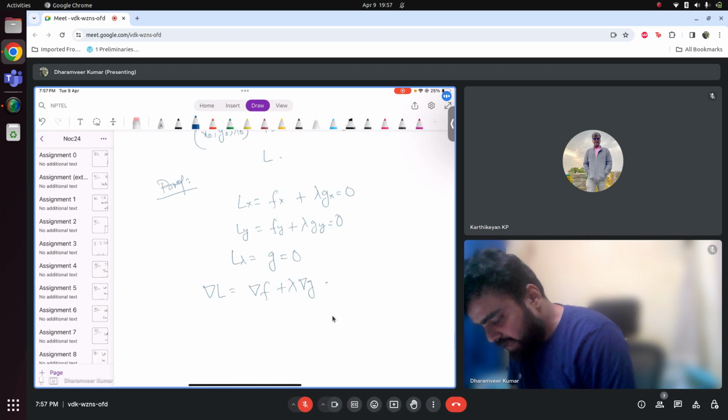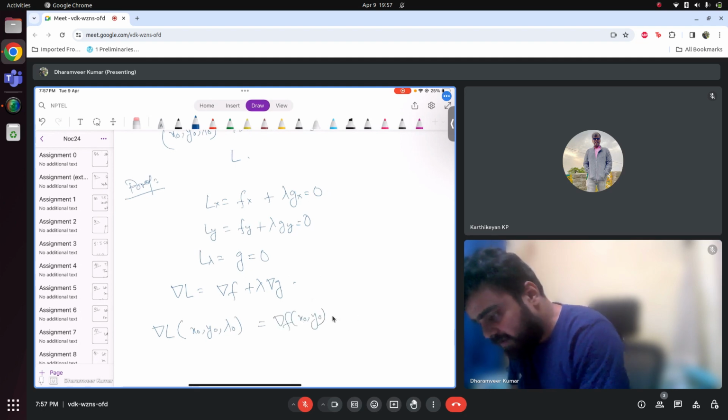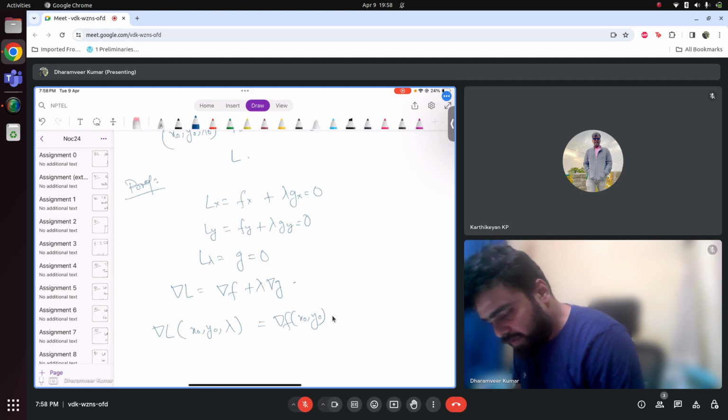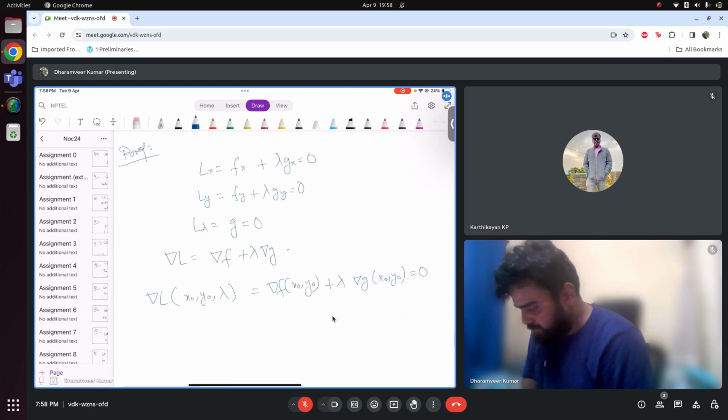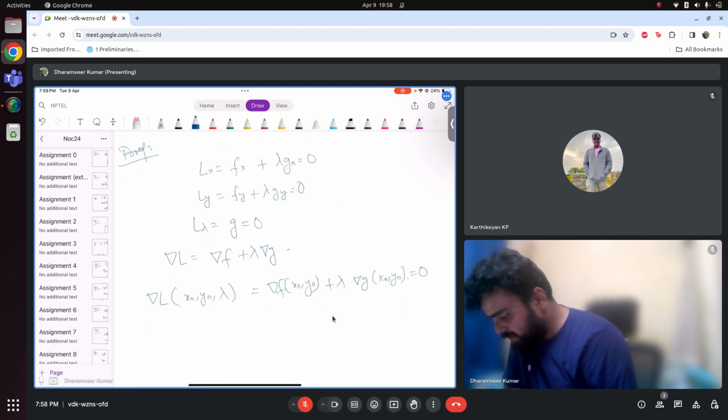Now grad N at x naught, y naught, lambda naught is nothing but grad f at x naught, y naught plus lambda grad g at x naught, y naught, and we have to find it equal to 0, right? So how do we find lambda naught?